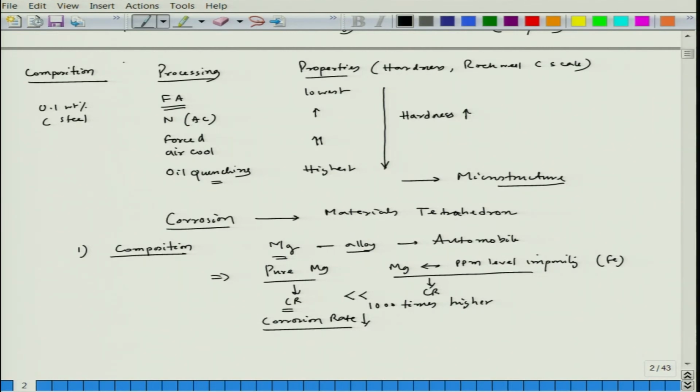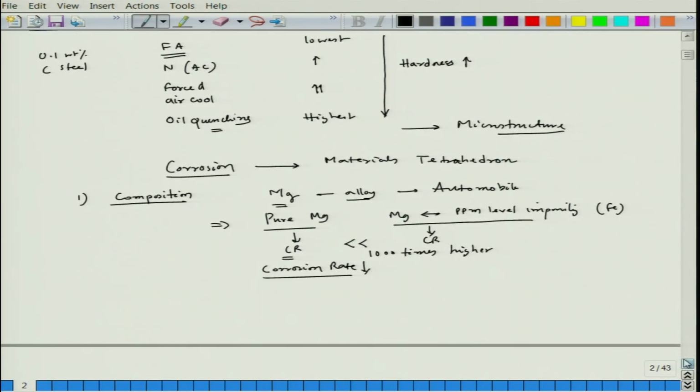Now, let us take another example, stainless steel, let us say 18/8.